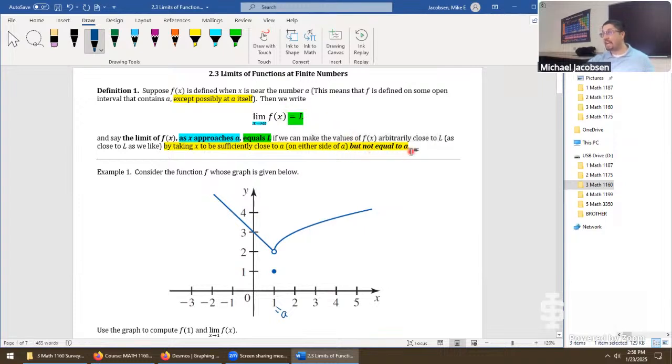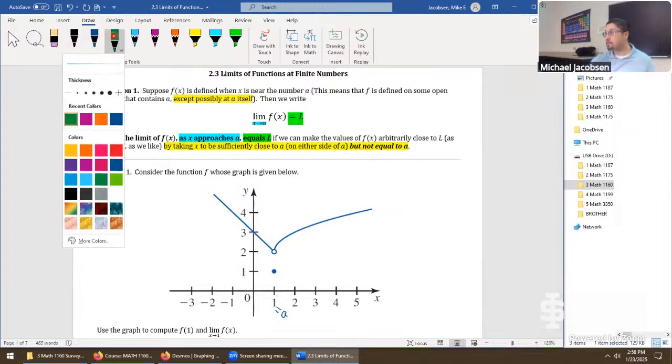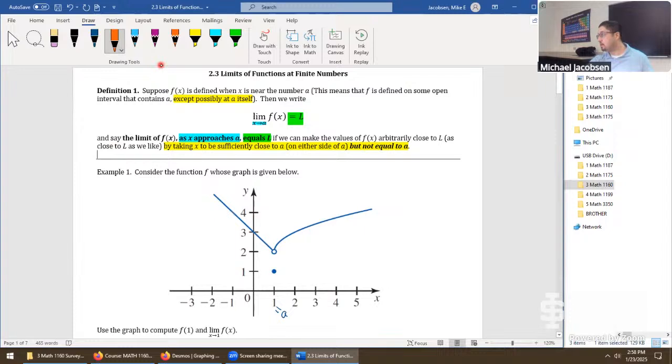But that statement right there is actually really, really important. It turns out from this statement that the limit as x tends towards a of f of x equals L is not affected by the value f of a.